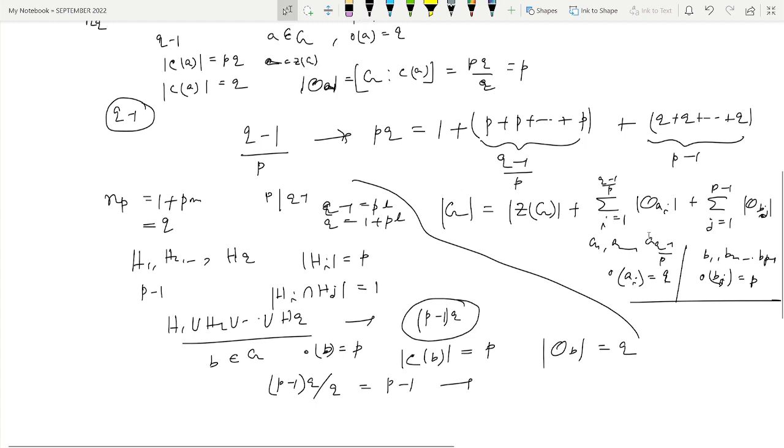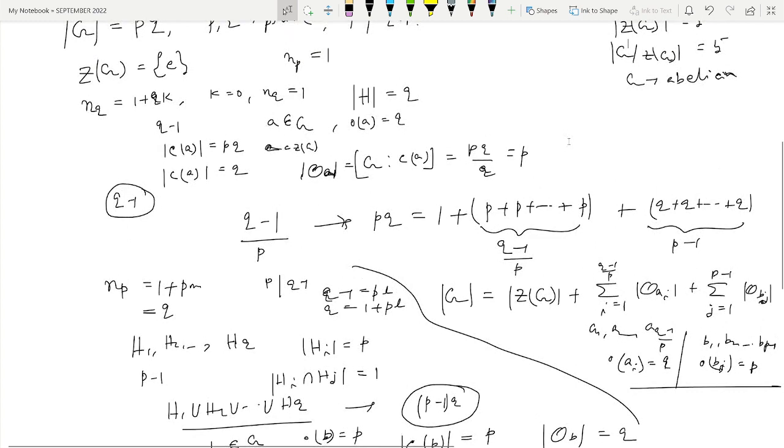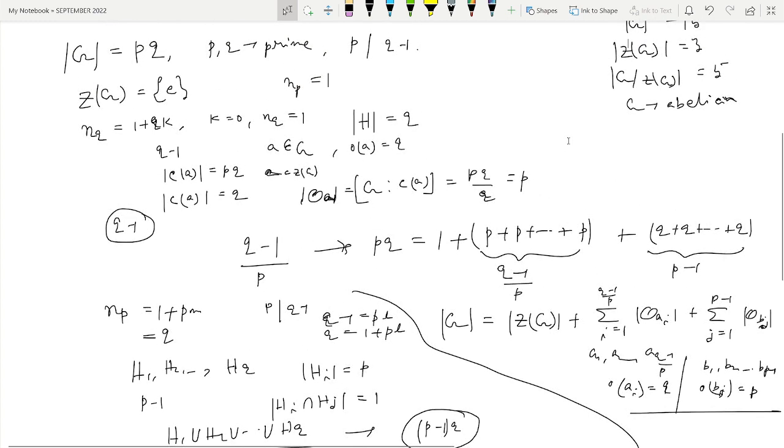So this is very clear because there are exactly two groups of order PQ where P and Q are primes. One is for P does not divide Q minus 1, that will be cyclic, and the other is when P divides Q minus 1. So let me recall again why Z(G) equals the singleton {E}. If Z(G) is not equal to {E}, then G by Z(G) will be a group of prime order.